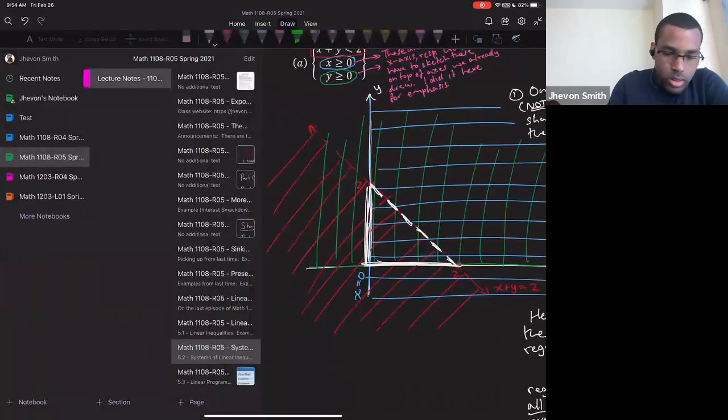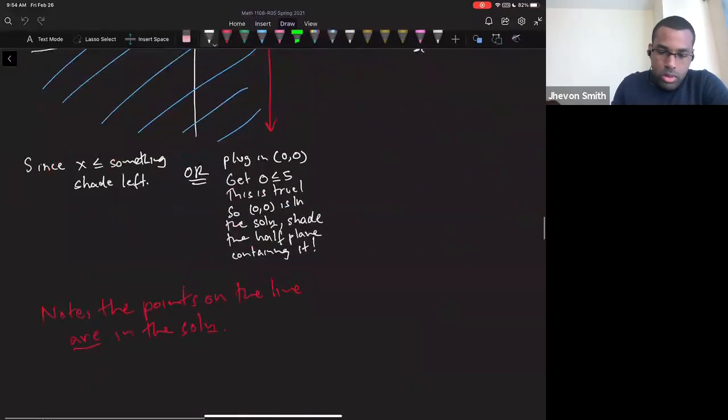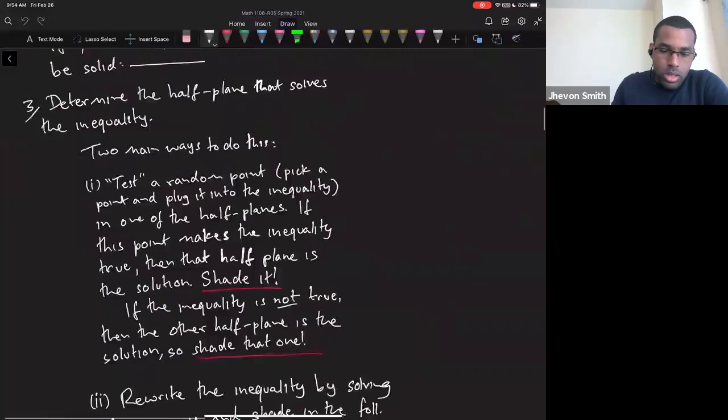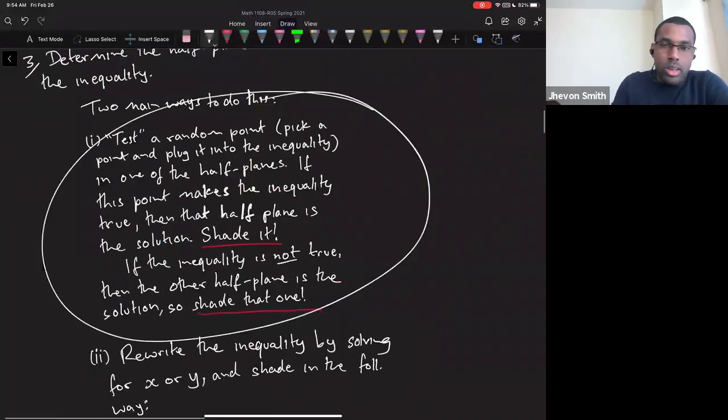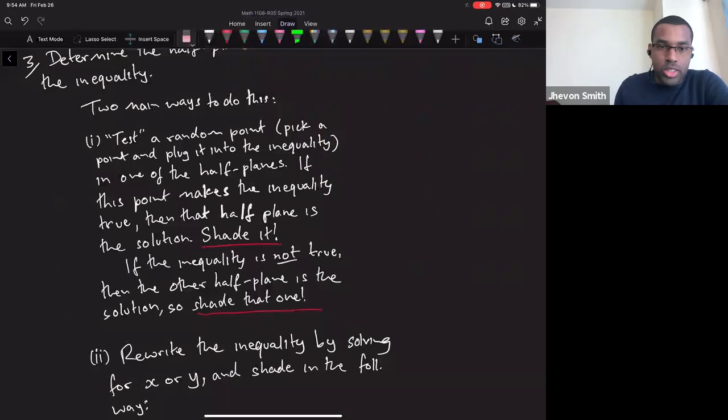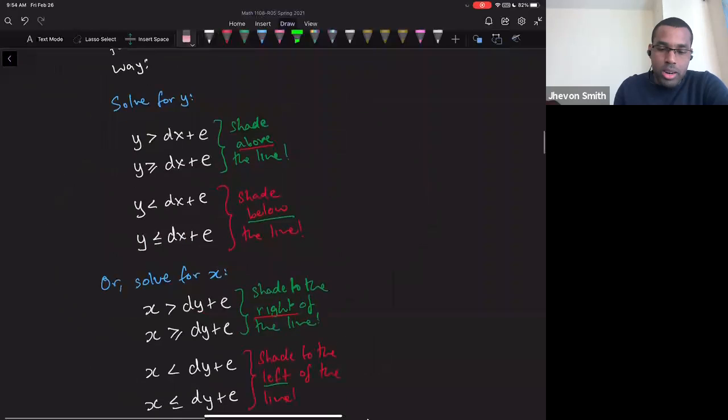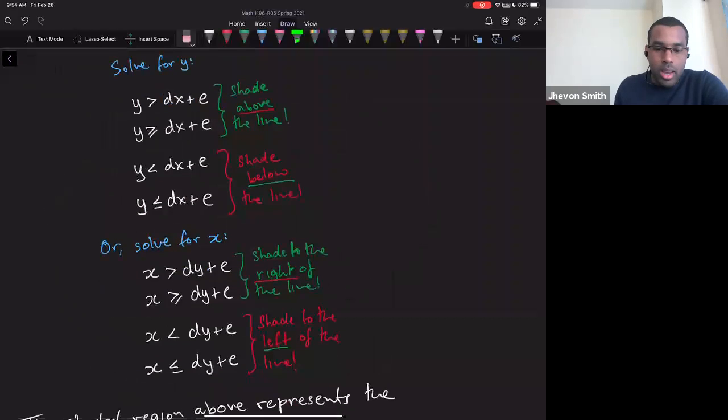That was in last class. Either you test a random point, you pick a random coordinate, you plug it into the inequality, and see if it's true. If it's true, you shade that half of the line. If it's not true, shade the other half. Or you rewrite it by isolating the x or the y, and based on how it looks, you would shade either above the line or below the line or to the left of the line or to the right of the line.